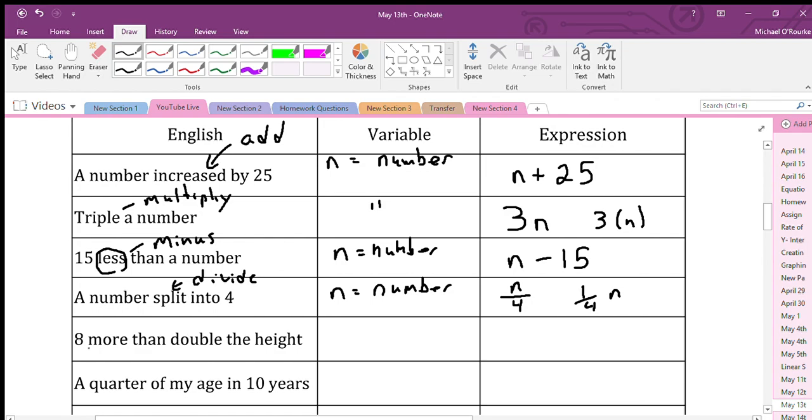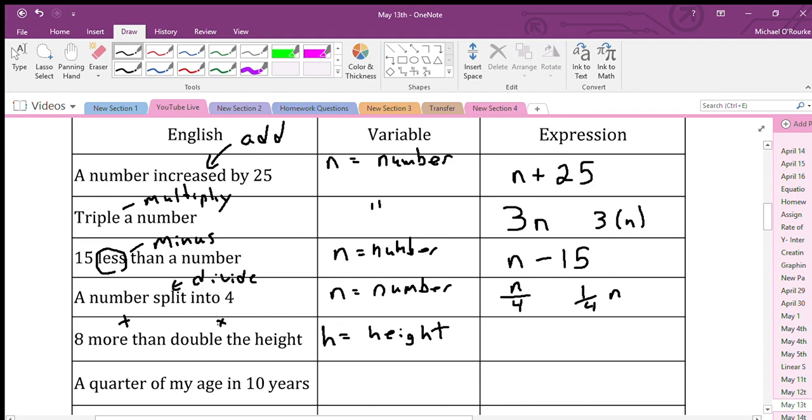Here we go again. 8 more than double the height. This one's going to be a 2-stager. If you want to take a shot, pause it up. If not, let's go h equals height. 8 more than double. So 8 more, that's going to be a plus.